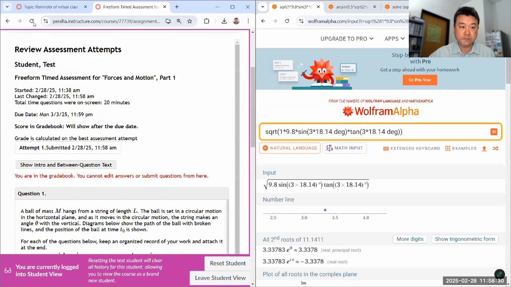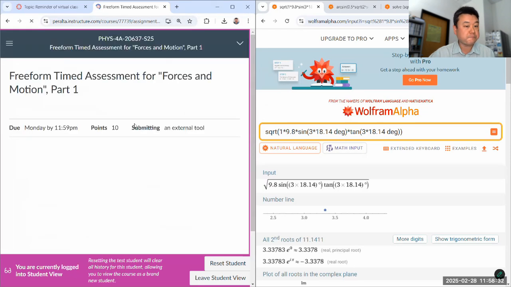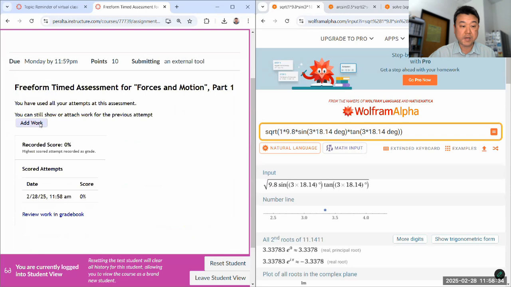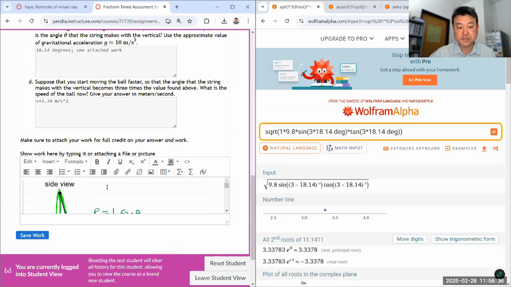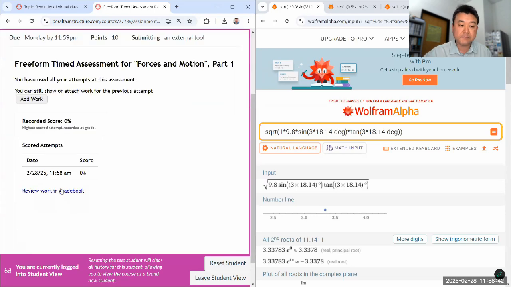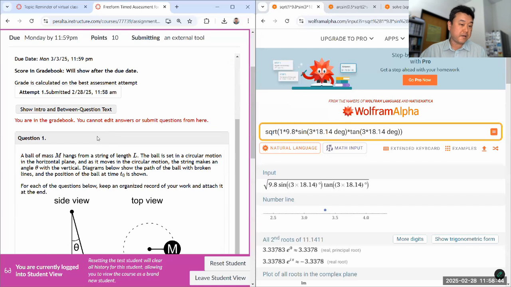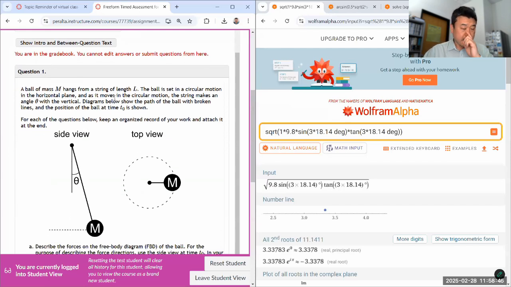But if you simply refresh this screen, you can click on the add work button and still change it. It'll timestamp it, but I don't pay much attention to that unless it comes after I've done the grading. So let me do this just in case I made a mistake.